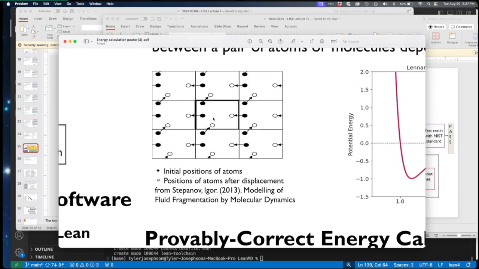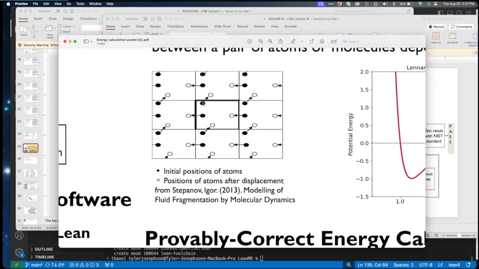The minimum image distance says what is the interaction energy between these two particles. If I'm looking at the two black ones, this particle could interact with this other particle or any of its images. Is this one, this one, this one, anything in the upper right of one of these boxes is a candidate for that distance.